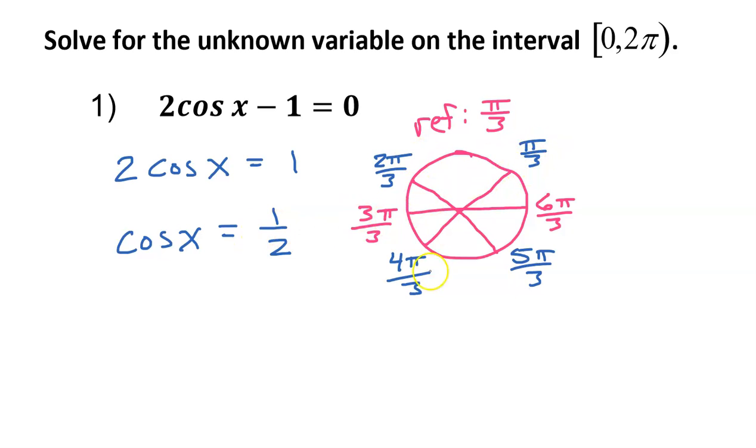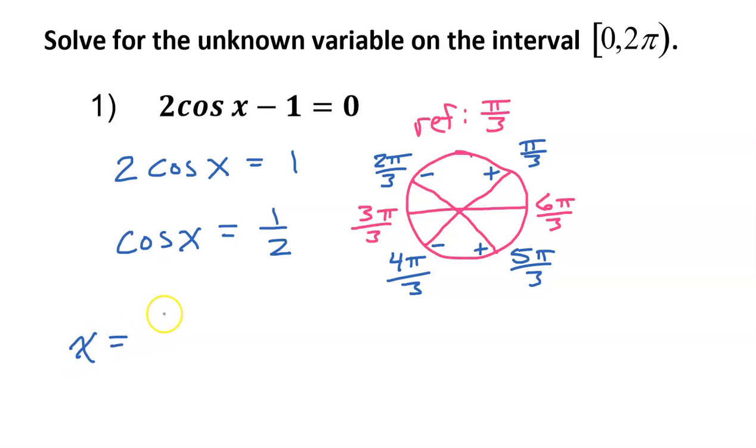The cosine of any of these angles is going to be some kind of 1/2. It's just that cosine is positive on the right-hand side. So it's going to be positive here and here. Cosine will be negative here and here. Since we want cosine to equal positive 1/2, the solutions will be pi over 3 and 5 pi over 3.